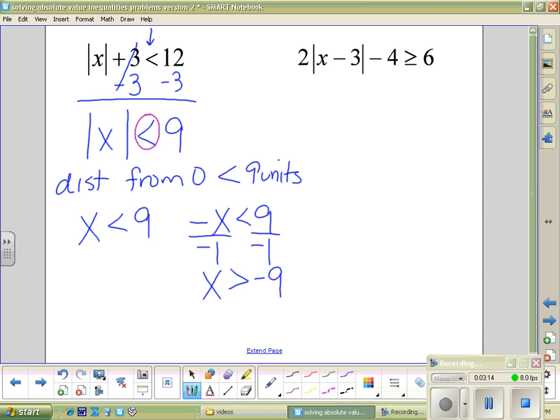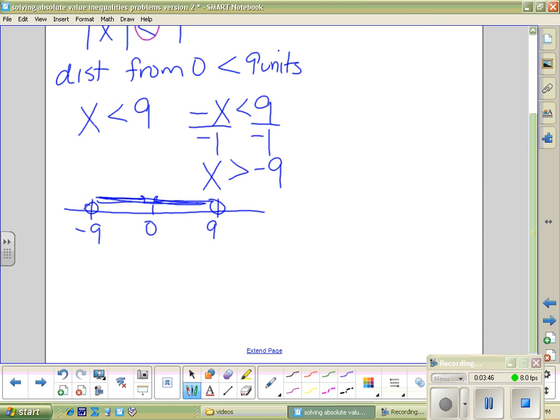Now let's look at the graph. We have -9, and I'm going to follow through here with a compound inequality. +9, 0 in the middle. We have 9 units this way, 9 units this way, so it's our line segment. Open circles and all this in here. The compound inequality, let me give myself some more room here.